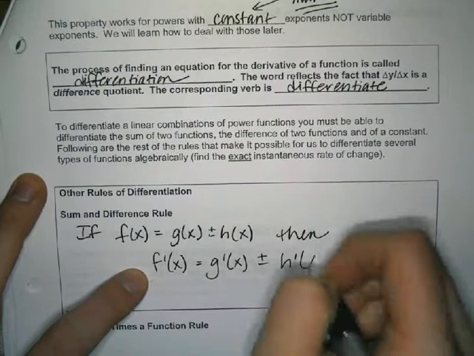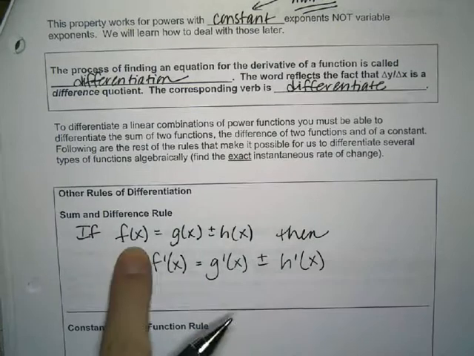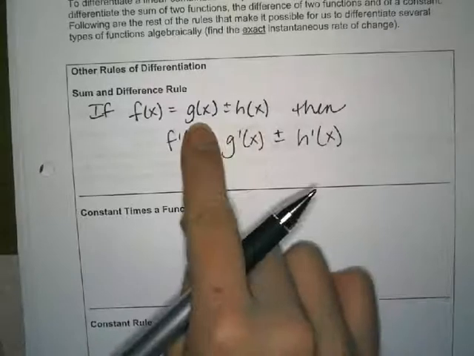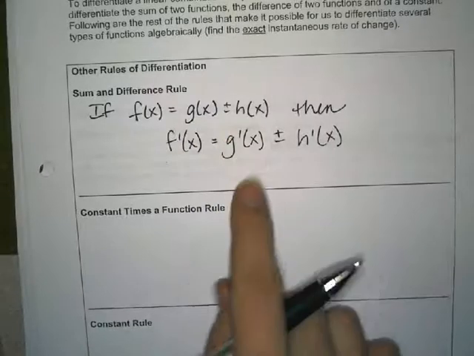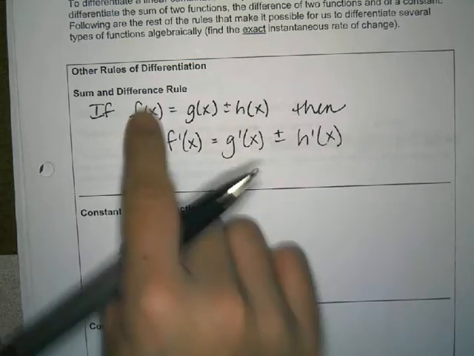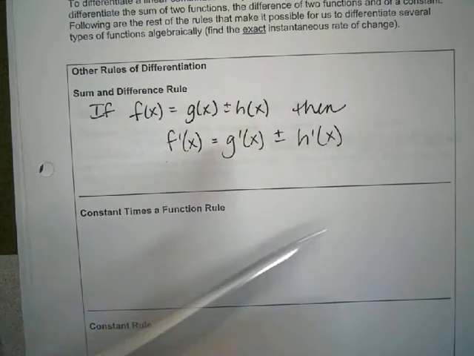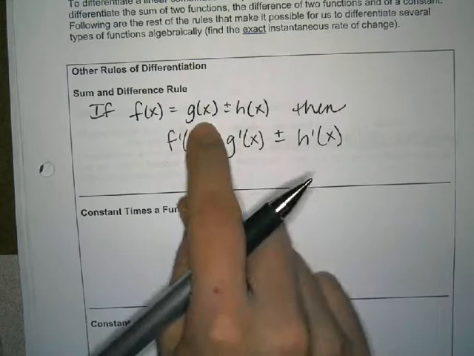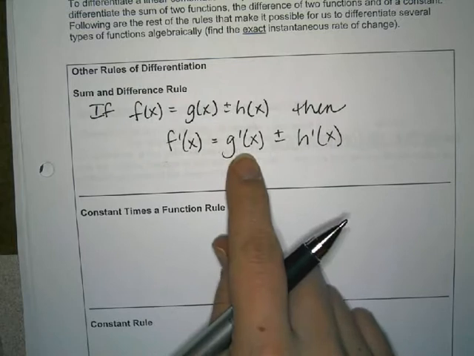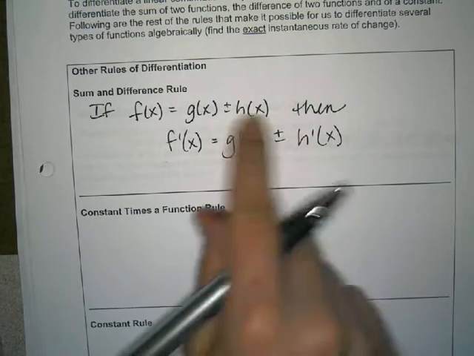So to find the derivative of a function made up of two different functions being added or subtracted together, it's just the derivative of both of them still being added or subtracted. So if this was x cubed plus x squared, then f prime would be the derivative of x cubed plus the derivative of x squared.